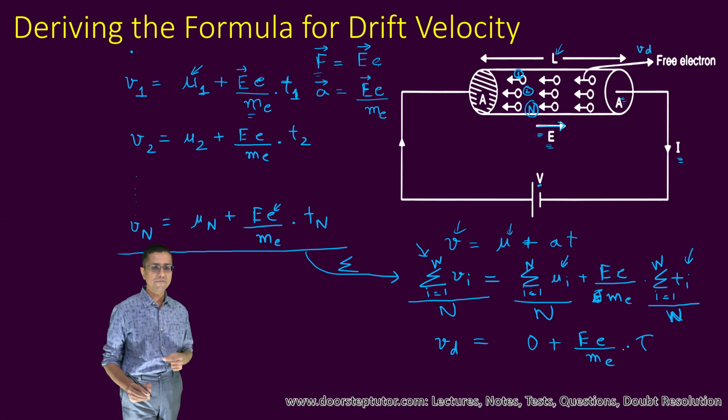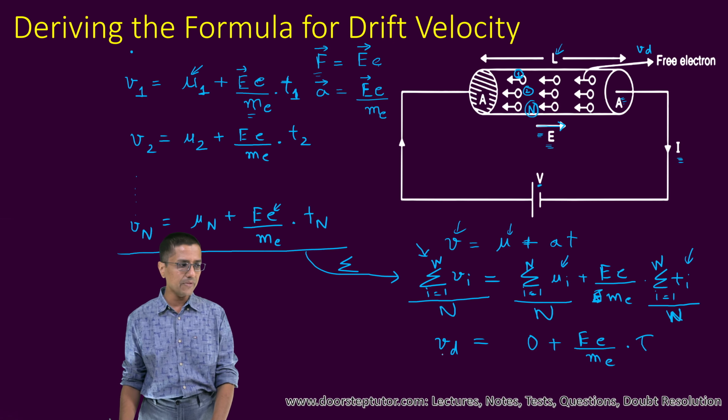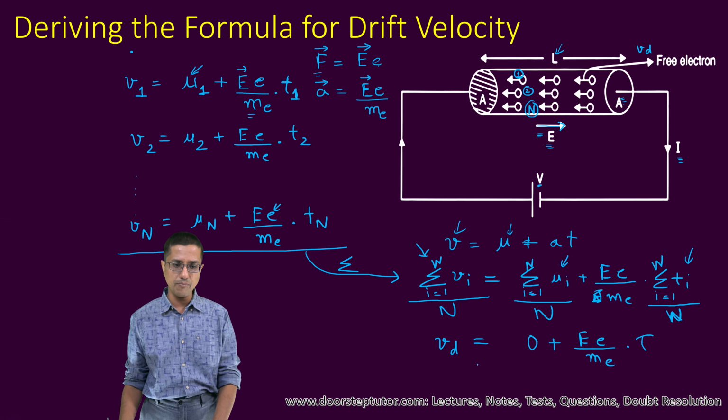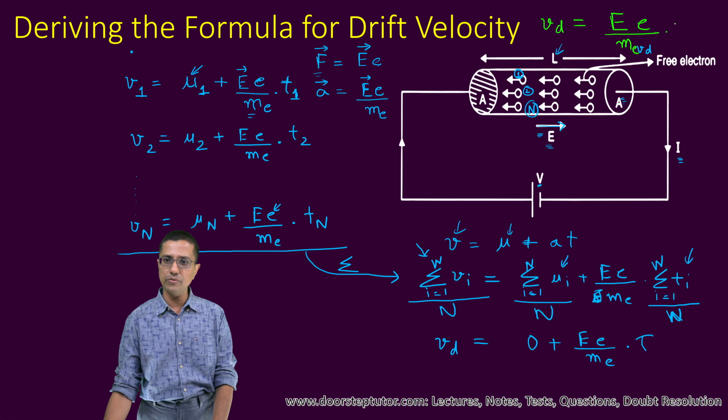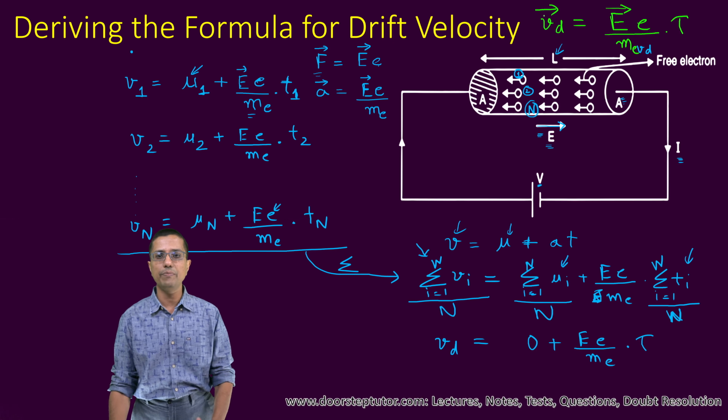That is the formula for our drift velocity, and it is a very, very important formula. So we'll simplify it and write it again here. vd is equal to eE divided by me, times tau, where tau is the relaxation time, and vd is the drift velocity, and we put the vector sign here.